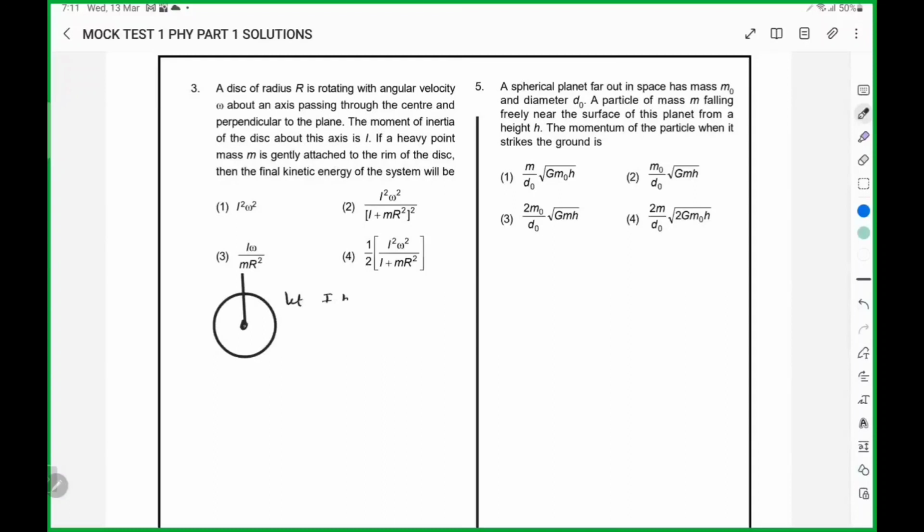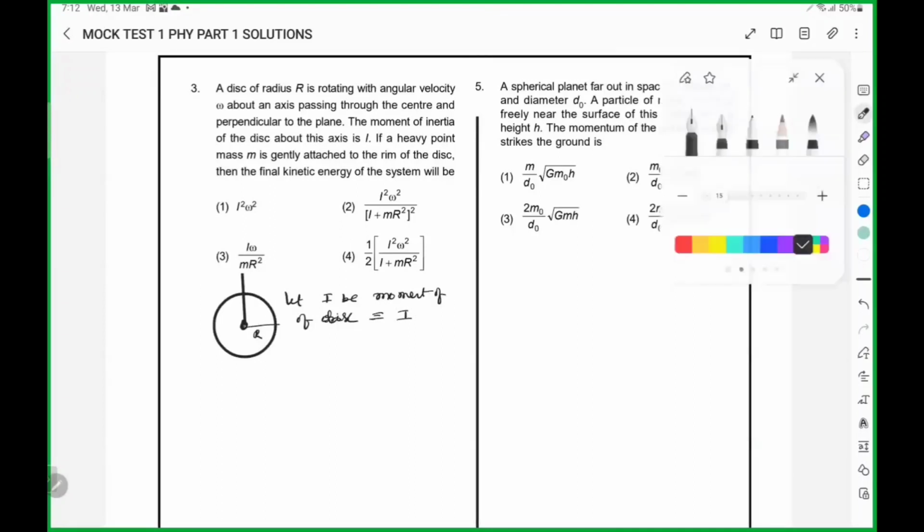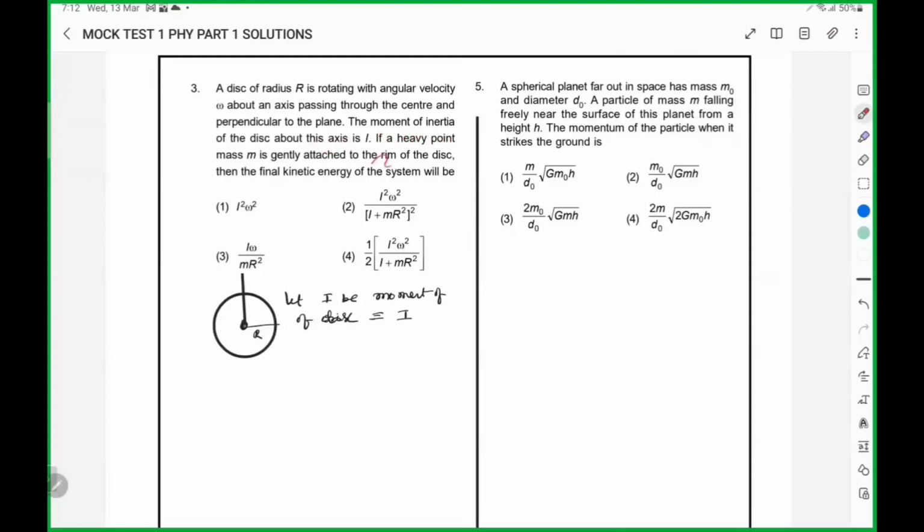Let I be the moment of inertia of the disk about an axis passing through the center and perpendicular to the plane. Now a heavy point mass, small m, is gently attached to the rim. Then the final kinetic energy of the system.